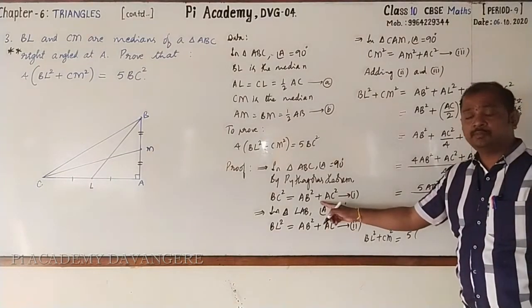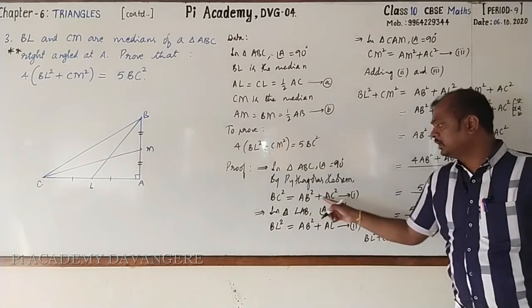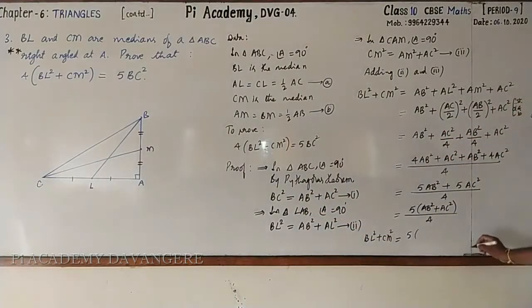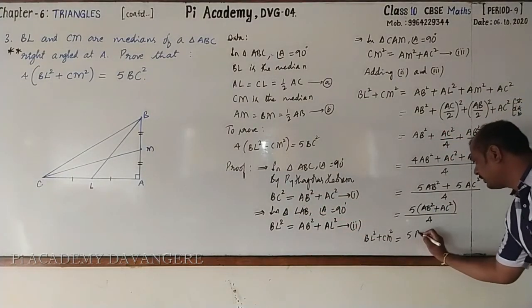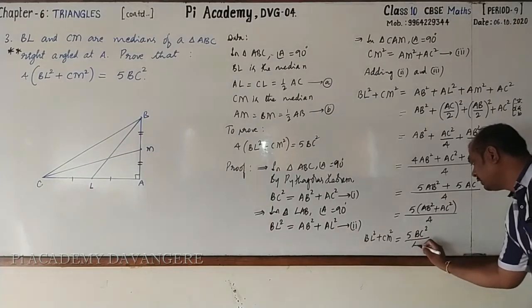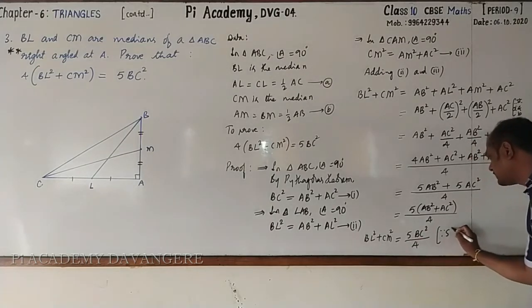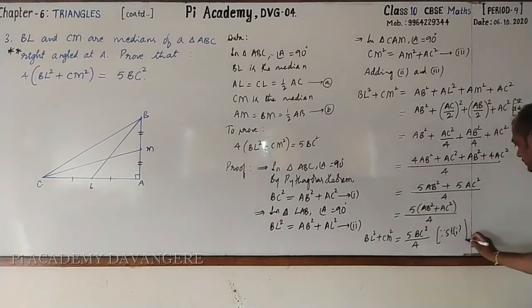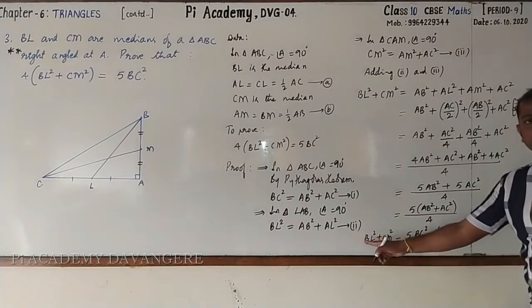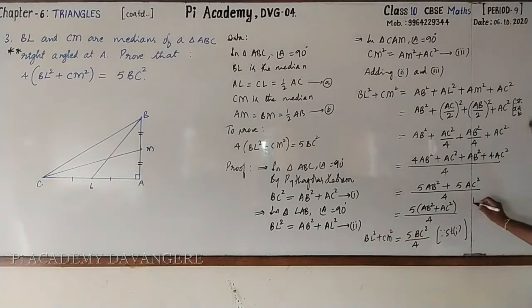That has already been written in the very first part. AB square plus AC square is nothing but BC square. How have we written it? It is based on statement 1. Right? Next. This can be rewritten as: cross multiply 4 with the LHS part. Here I am writing.